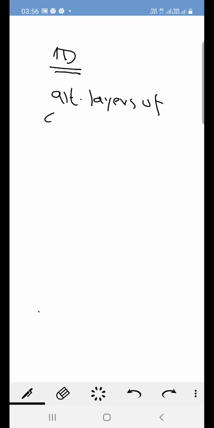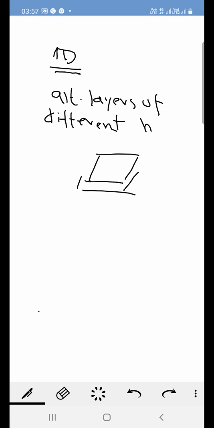And lastly, if you look into the one-dimensional arrangement, you can consider it to be alternate layers of different n. This can be a first layer, then this can be refractive index N1, this is N2. So there are alternate layers.